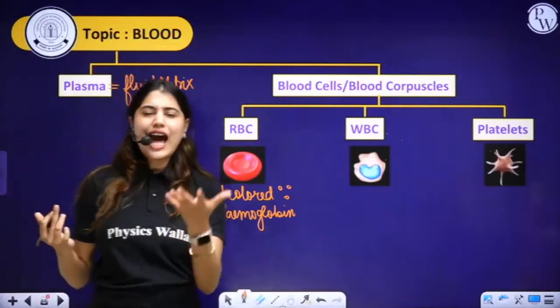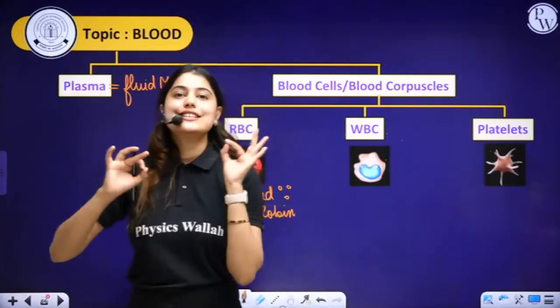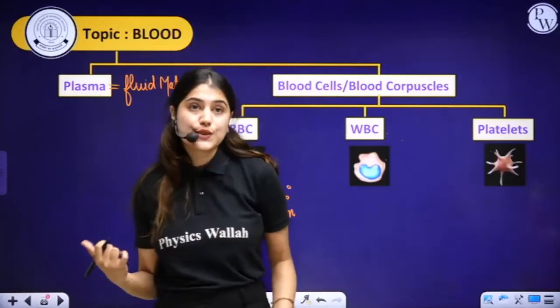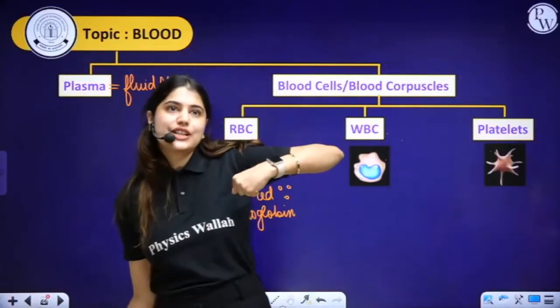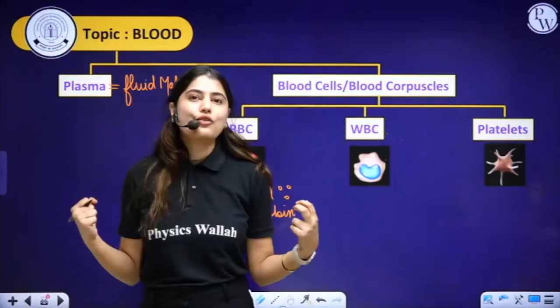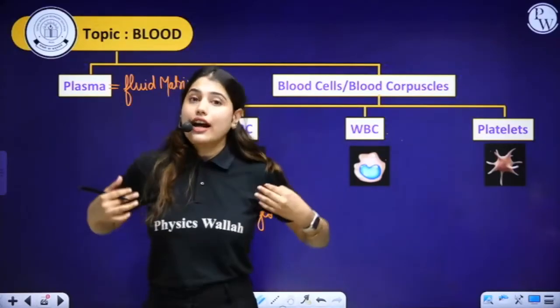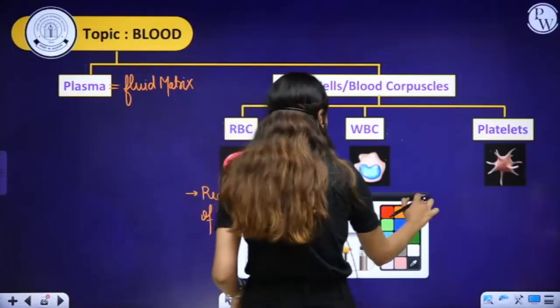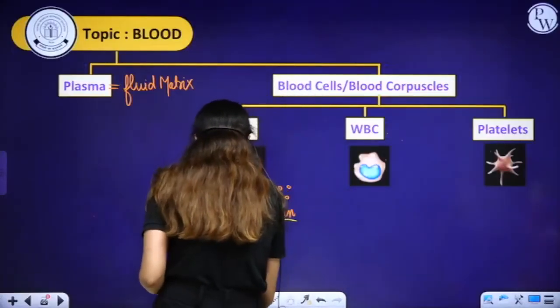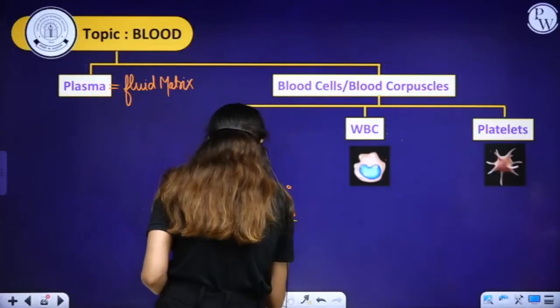Does it not have any function? So answer is no, it has other functions as well. What does it do? It is acting like a car for oxygen and CO2. So it's a car where oxygen can sit and hence transporting the oxygen. So basically what it is doing, it is helping in the transport of gases.